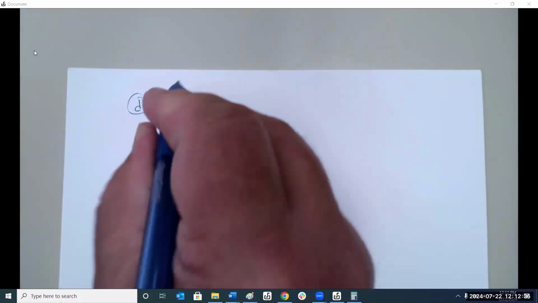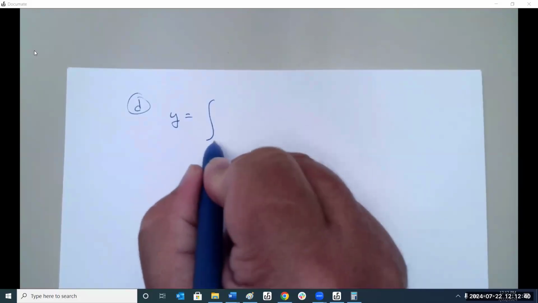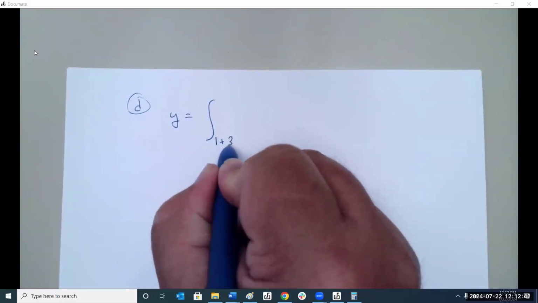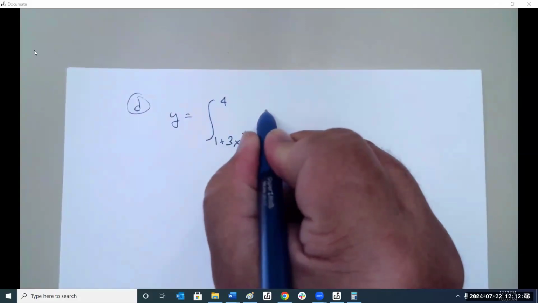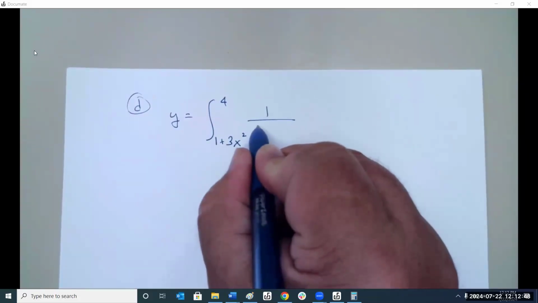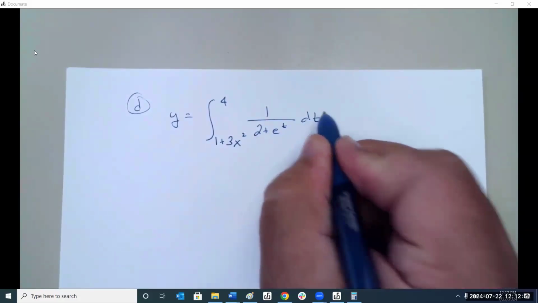And d, y is equal to the integral from 1 plus 3x squared to 4 of 2 plus e to the t dt.